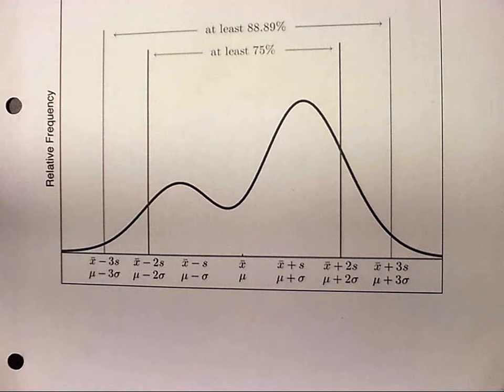No, we can't, because the empirical rule only applies to a bell-shaped and symmetric distribution. Is everybody good with that? So it goes one way, but it doesn't go the other way.